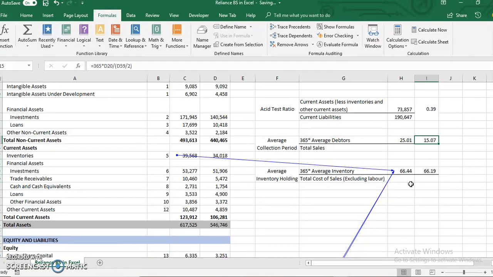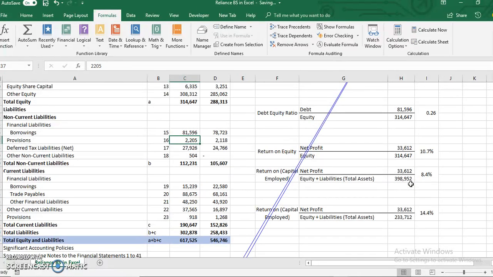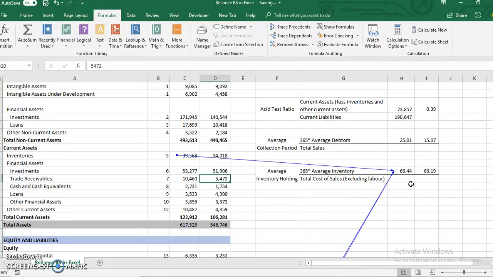However, here you can see that the debtor days increased from 15 to 25. If you remember, in the previous video we were talking about how, if the average collection days are increasing, the sales might have been booked wrongly. But considering the amount is only 4,000 to 5,000 out of 10,000, while the sales are over 1,000,000, there is no way the company would be doing a misrepresentation by adding only 5,000.